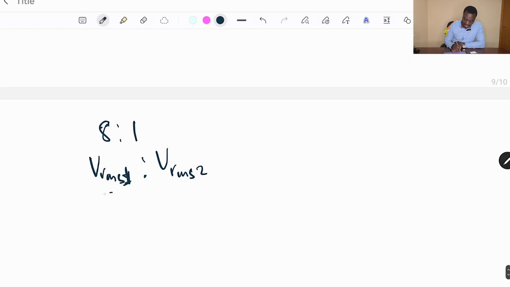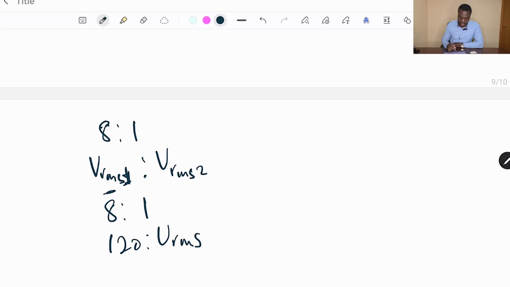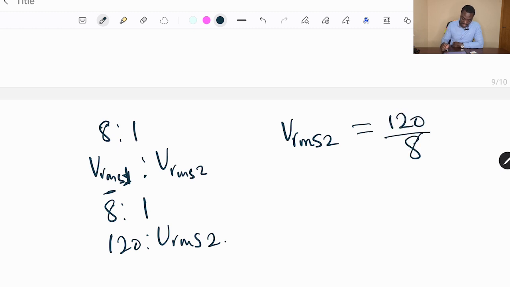Here we are given the root mean square value to be 120. So I can write 8:1, then we have 120 is to root mean square value of V2. So we cross multiply. What do we get? The root mean square value of V2 equals 120 divided by 8. So we have 120 divided by 8.